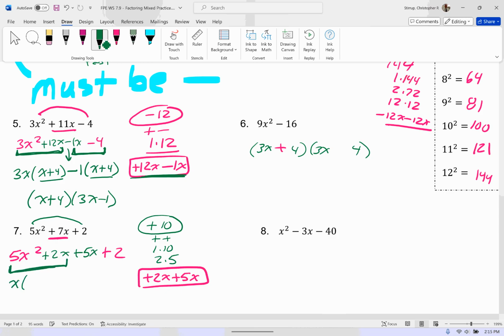X. That leaves me 5x plus 2. Middle sign comes down. If nothing factors out of this, what's my placeholder? 1. So what's my answer? Yeah, 5x plus 2 and x plus 1. Cool.